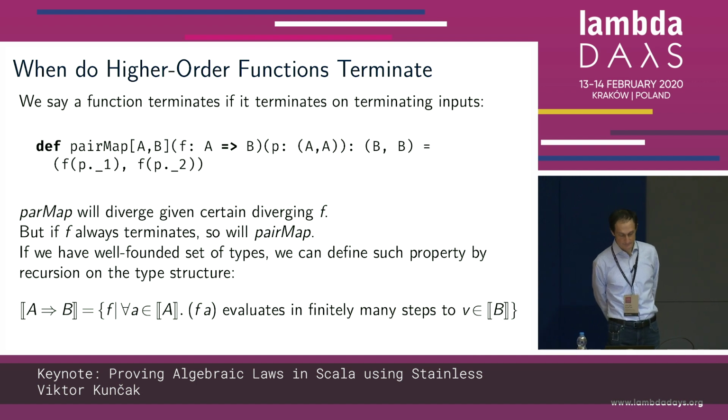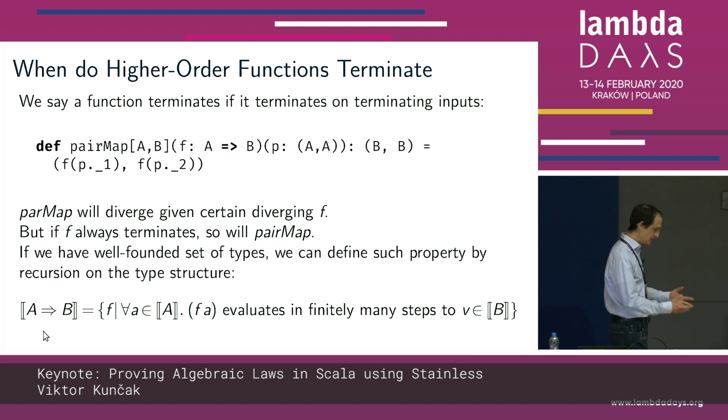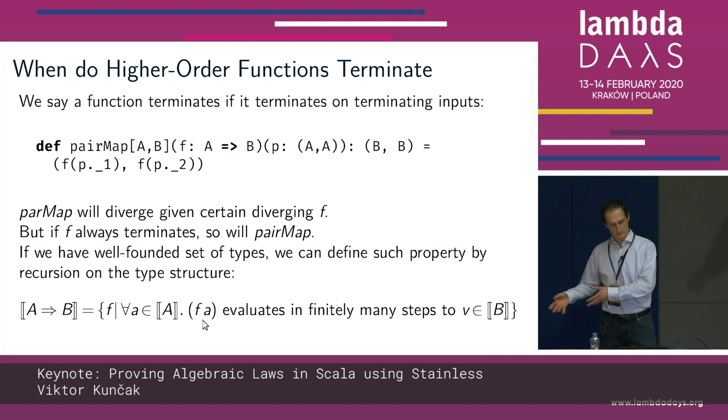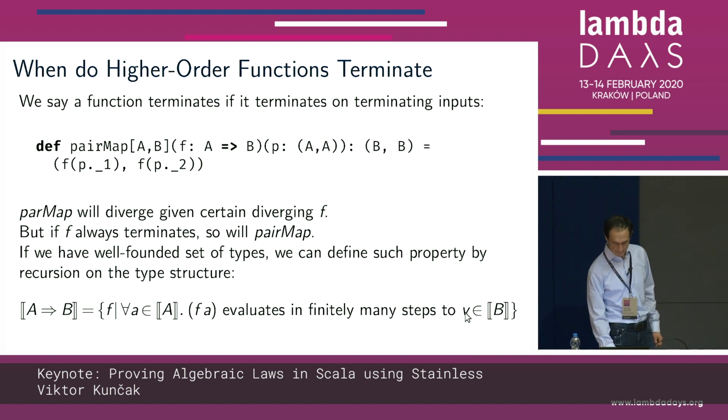And so one solution that we found appropriate is to look at the type system frameworks. And in type systems, there's a way to assign meaning to types. Here's just a function type from A to B. You can say that's the set of those terms such that for every argument in the argument type, when you look at this term f applied to that argument, then this term will evaluate in finitely many steps to some value that belongs to this result type, right?